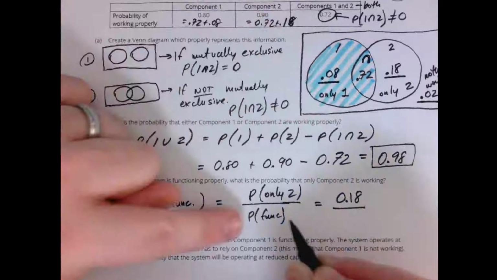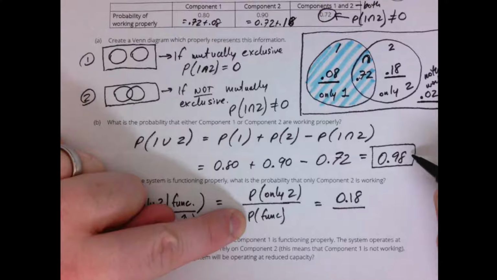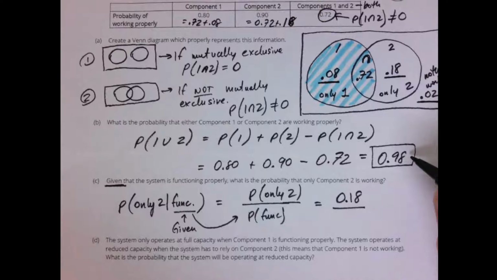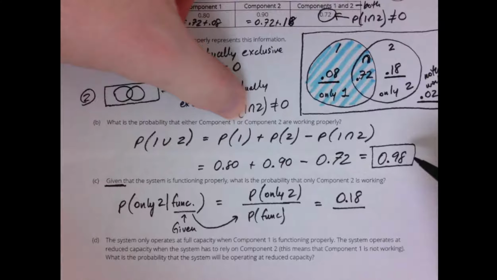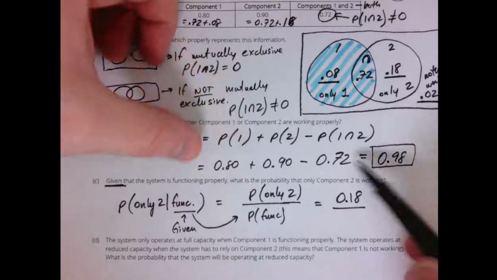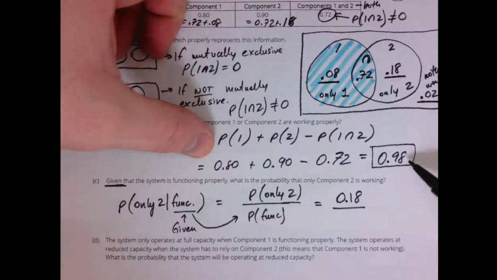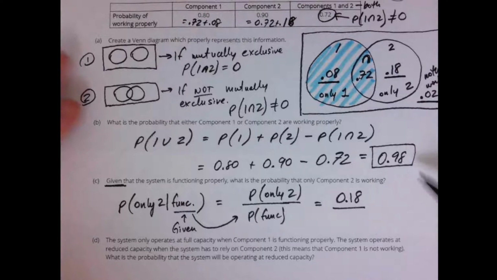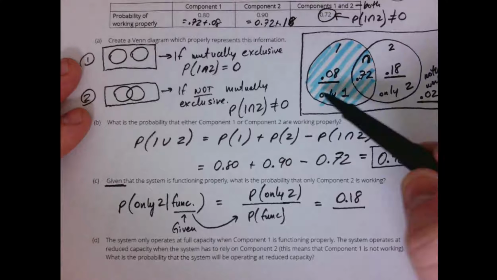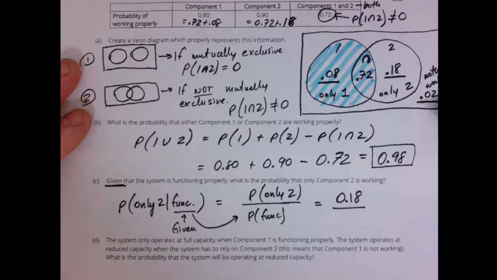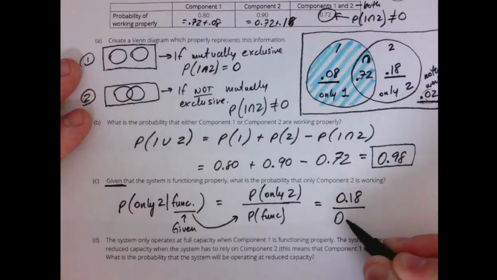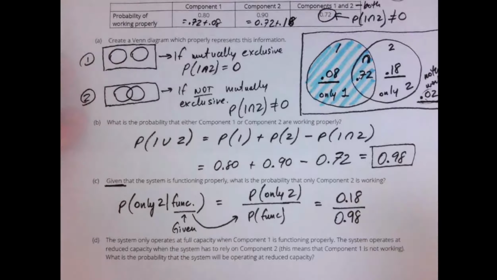And the probability that it's functioning is the part that we found here in part B. So if component 1 or 2 is working or both, that means the system is functioning. So, represented by this Venn diagram, this is the only part where it's not functioning. This is 0.02. Okay, so that would be divided by 0.98.